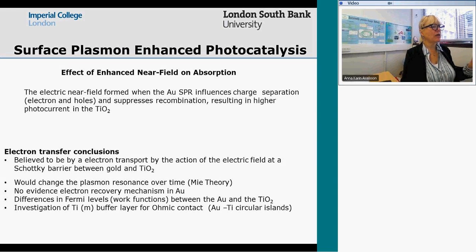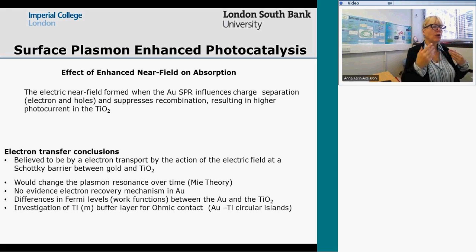For electron transfer, there were lots of things speaking against it. The whole idea is like a Schottky barrier driving it. We were also looking into maybe electron tunneling between the space charge region in the TiO2 and the metal, but there was little proof of this actual electron transfer. We will also start working on maybe there's something of an interfacial problem between an oxide and gold.